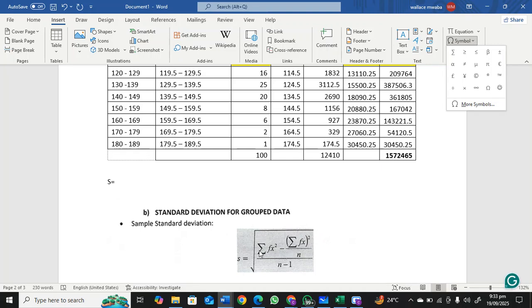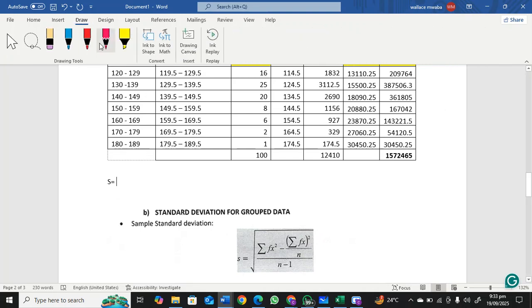Once you've got the variance, you just get the square root. That is the standard deviation. In case you're asked in the question to get the variance, which is just the standard deviation squared, it's just this part which I'm circling here. And once you've got the variance, to get the standard deviation, you just get the square root.